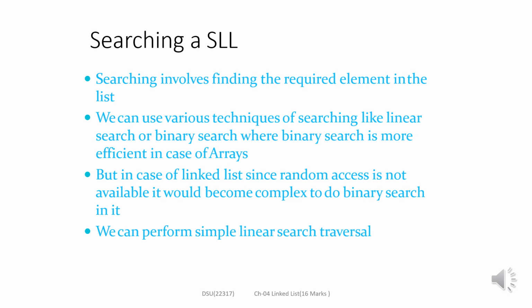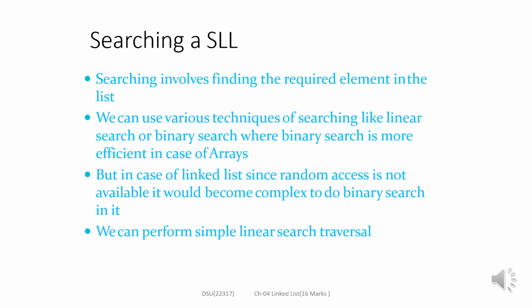We have learned about searching in chapter number 2, that there are two types of searching, linear search and binary search. In linear search we search the items one by one, and in binary search we search the items by dividing the array into two sub arrays.